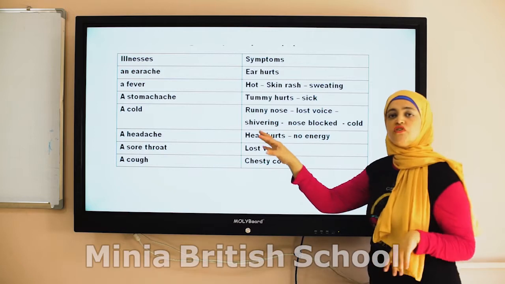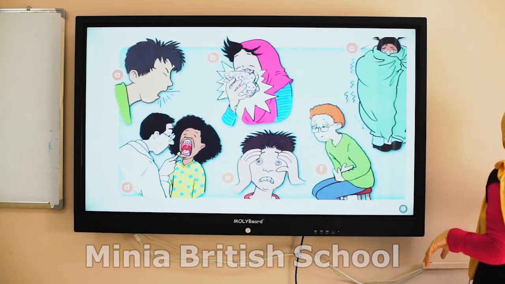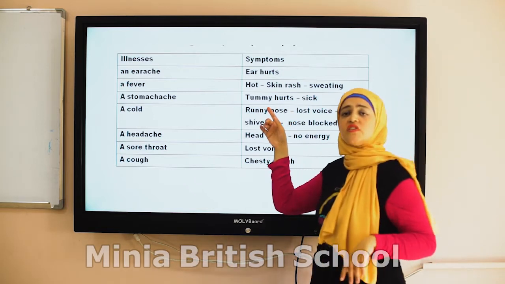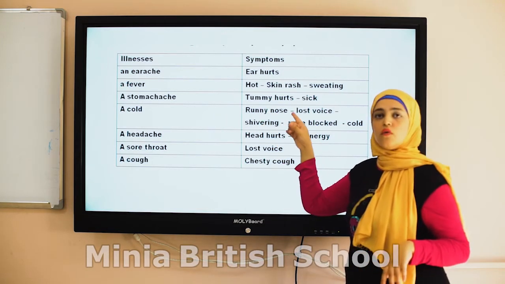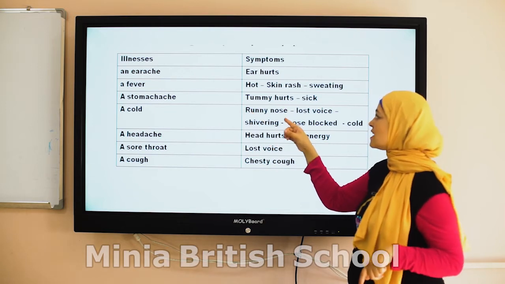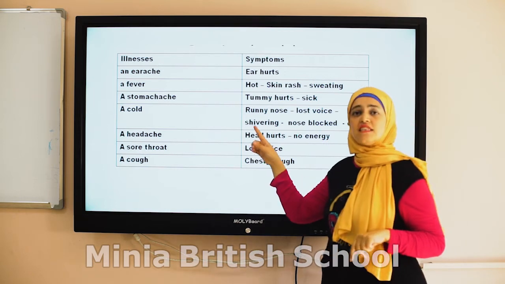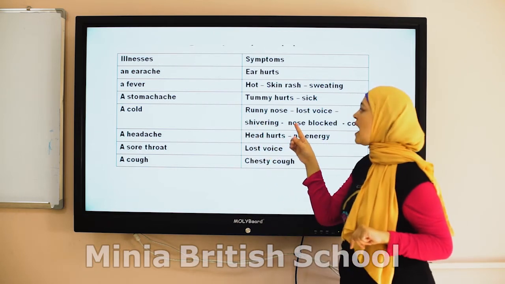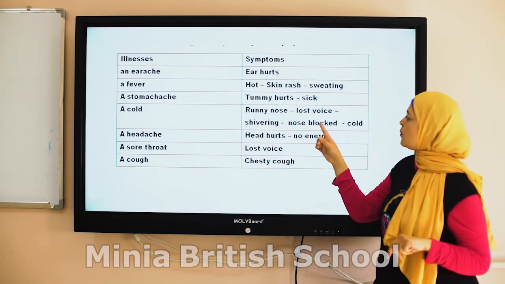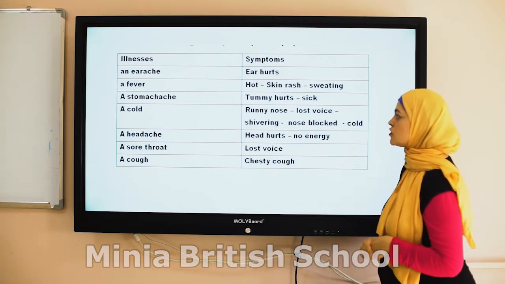So, the symptoms for this illness: runny nose. So, he has got a runny nose. He lost his voice. He is shivering. And he has got a plugged nose, and he feels cold.